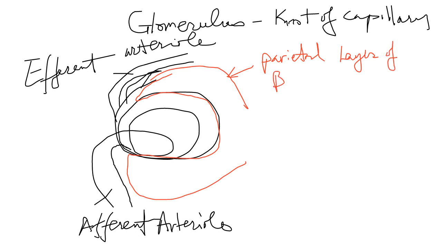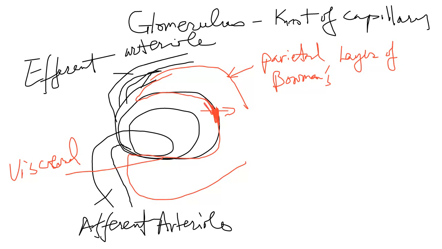Of Bowman's capsule, and this is the visceral layer. Okay, now blood is actually filtered through this. Okay, and this right here is that filtration membrane.